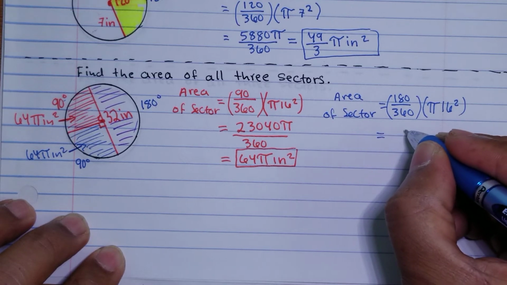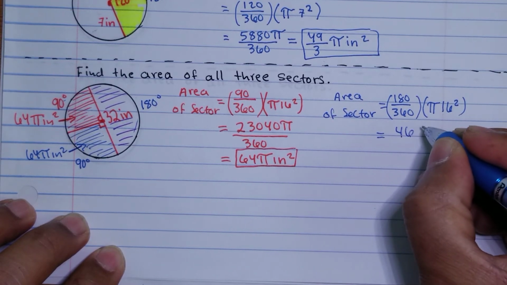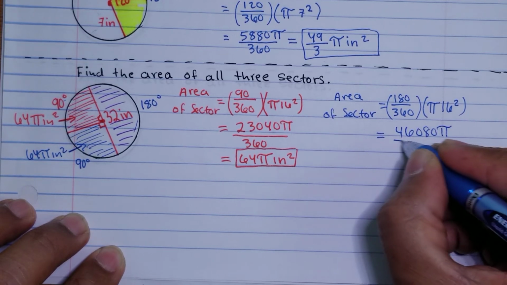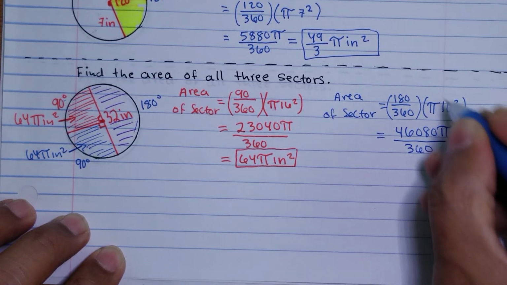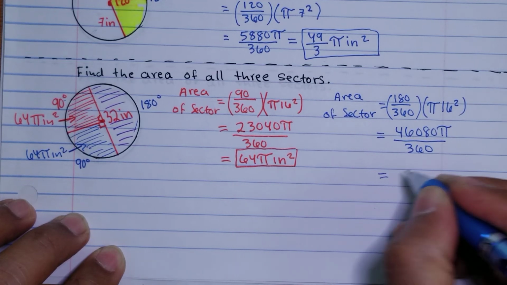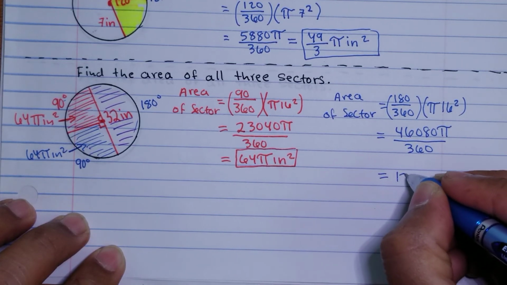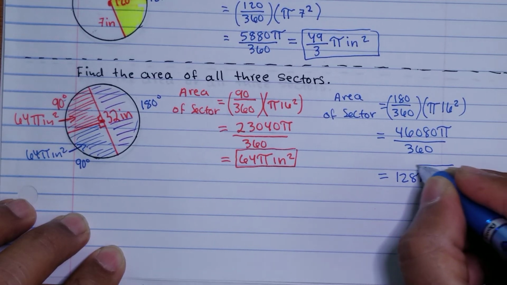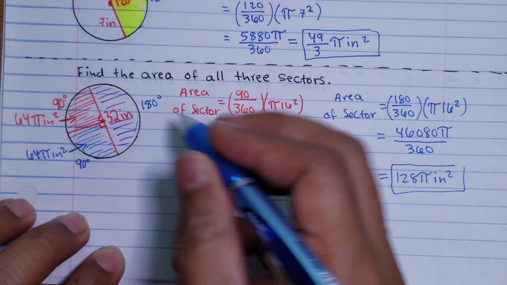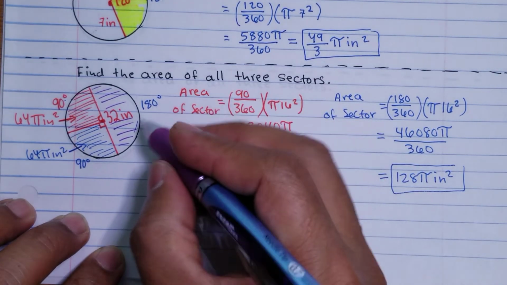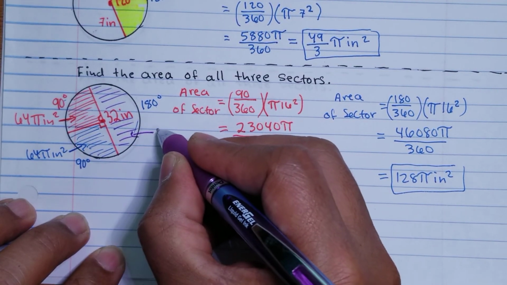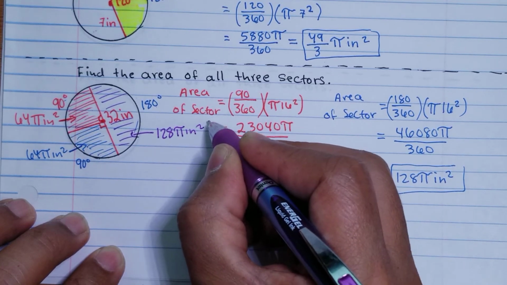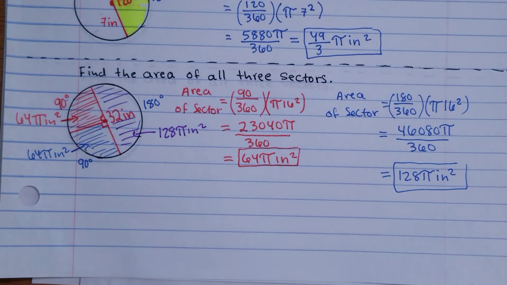So this is equal to 46,080 pi divided by 360, which simplifies to 128 pi inches squared. So that's the area of this sector. We have found the area of all three sectors.